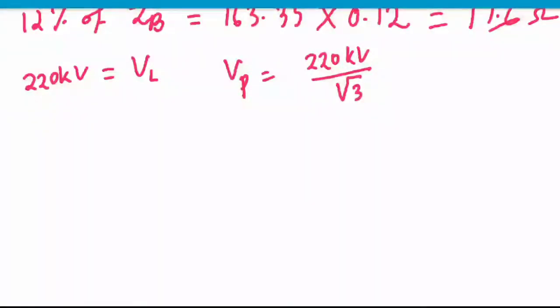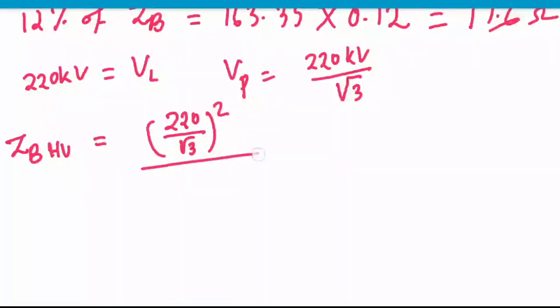So now we can calculate the Z base, impedance base for HV side. What will be this one? This one will be 220 by root 3 whole square by 20 by 3. So this will be 2420, and the reactance will be same.